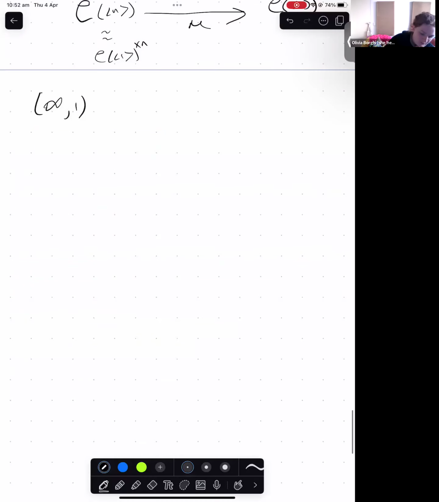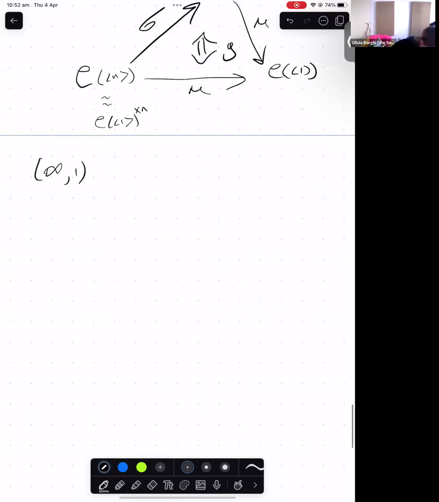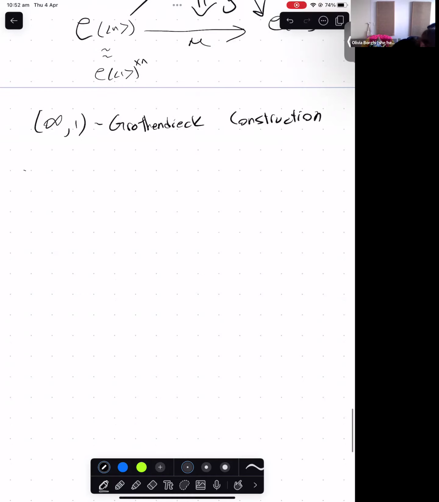So let me finish writing this infinity 1 Grothendieck construction stuff, and then I'll show you what the 2-dimensional analog is. So the infinity 1 Grothendieck construction allows me to repackage this information precisely as the way the definition of symmetric monoidal infinity category worked.